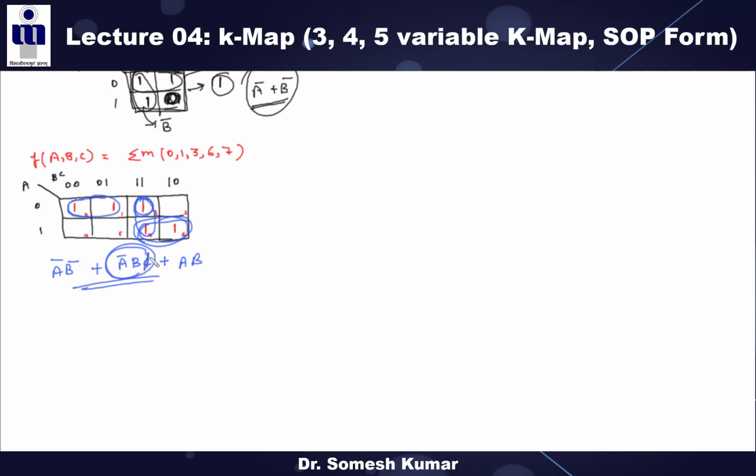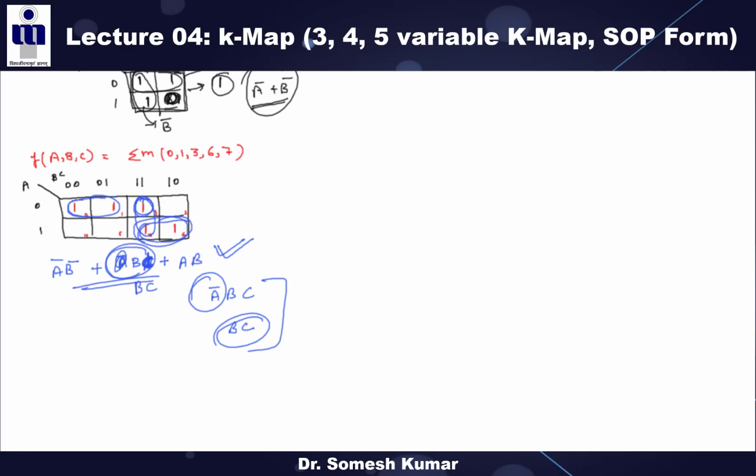We can ignore this variable, like this. So to implement A bar BC or to implement BC, which one is the simplified one? BC, right? Here extra gates are used. So if in the exam you did the same thing, it will be wrong. This is not the simplified or minimized function, right?